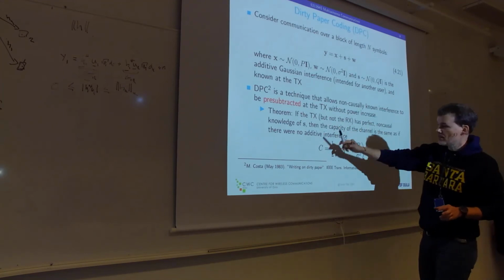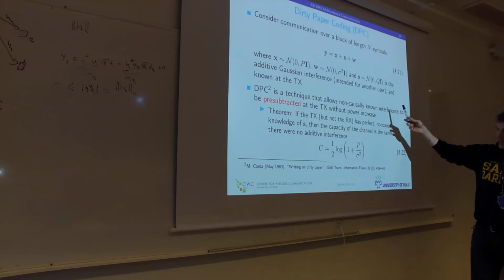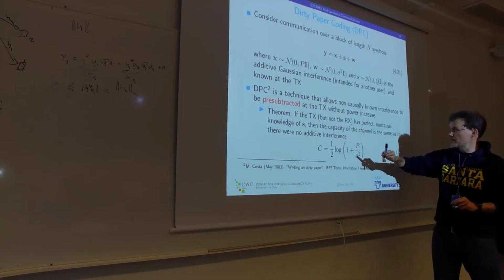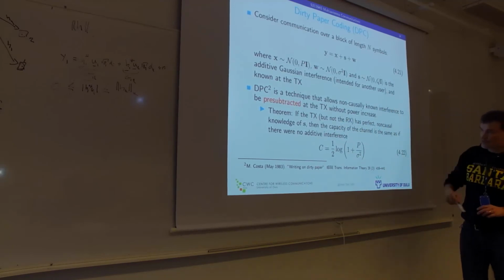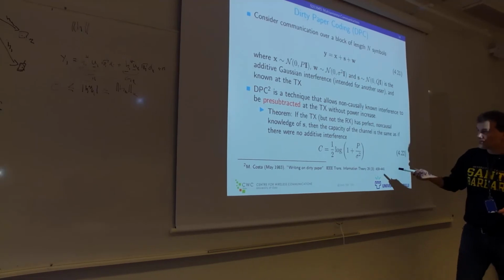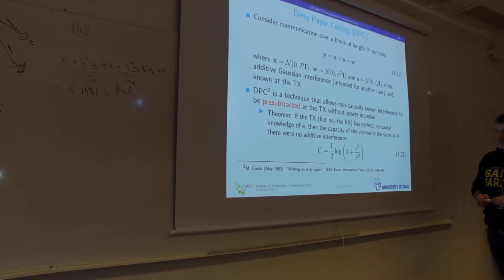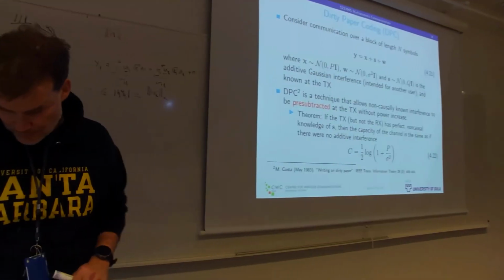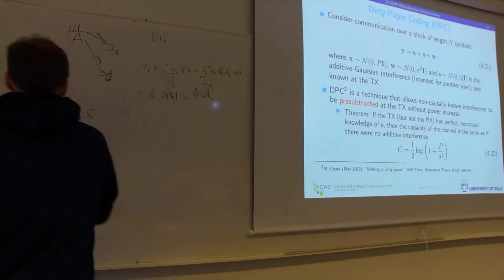The theorem given by Costa states that if the transmitter, but not the receiver, has perfect knowledge about this interference generated at the same source, then the capacity of the channel is the same as if there was no additive interference at all. So let's see how this works.